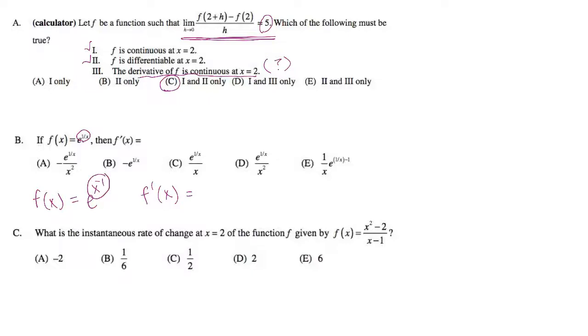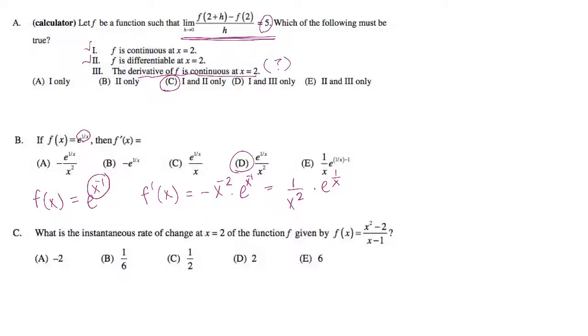So it's going to be the derivative of x to the negative 1, which is negative x to the negative 2, times e to the x to the negative 1. This should simplify down to 1 over x squared times e to the 1 over x. So it looks like we're going to have answer choice D.